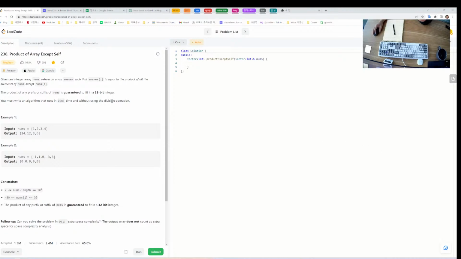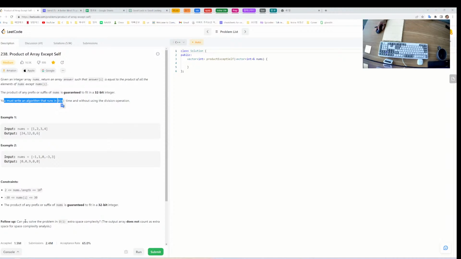But here, the algorithm must run in O(n) time. This is O(n), this is also O(n), so this is O(n) time. But the space complexity is also O(n).